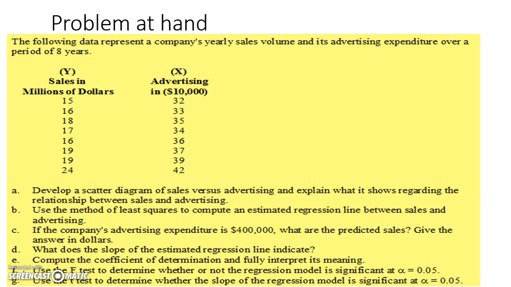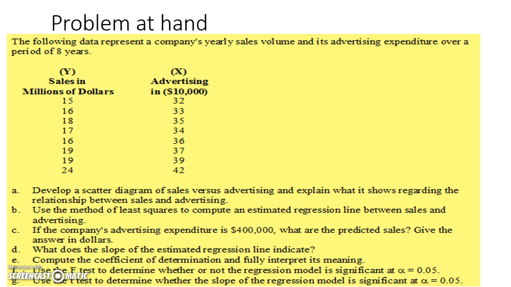Now, in a simple linear regression, we are expecting that the relationship between the dependent variable and an independent variable has to be linear. That means y, that is sales, is a linear equation in terms of x.